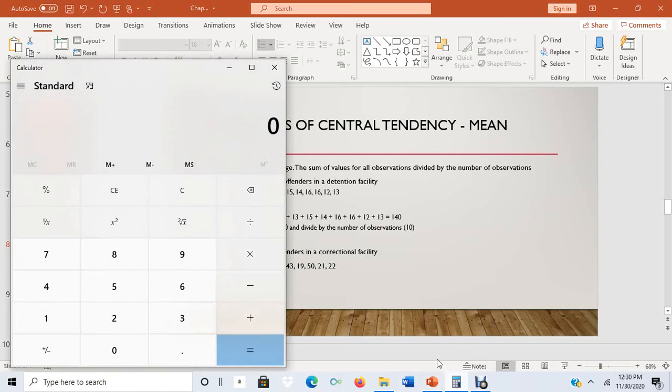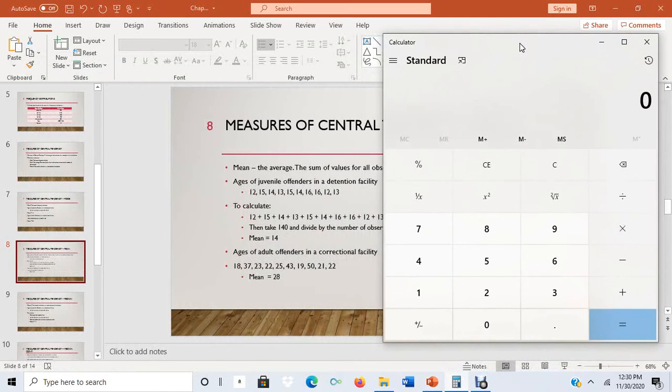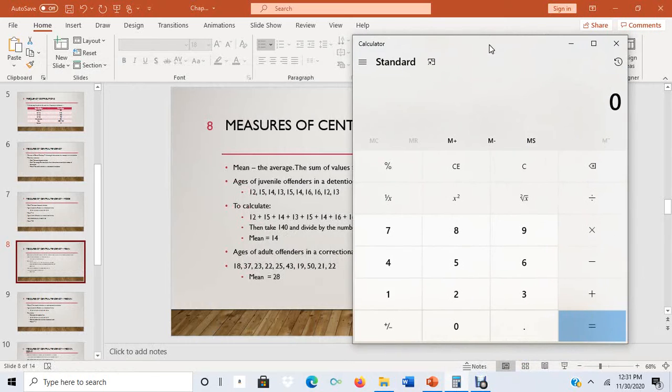Okay, so we'll go ahead and just walk through this calculation. I know the answer is already here, but let's just go ahead and verify that it is in fact correct. All right, so again, these are just the ages of juveniles in detention.